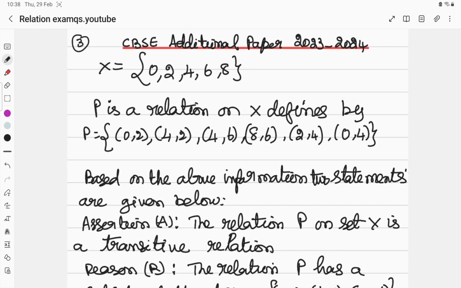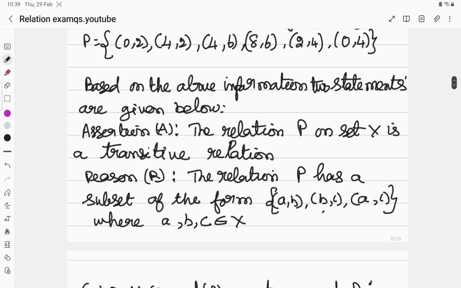Question number 3. This question is from the CBSE additional paper 23-24. X is given as {0, 2, 4, 6, 8}. P is a relation on X defined by P = {(0, 2), (2, 4), (4, 6), (6, 8), (0, 4)}. Based on the above information, two statements are given below.